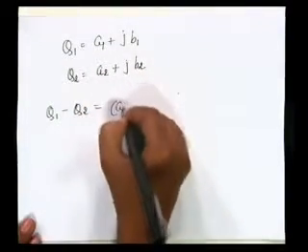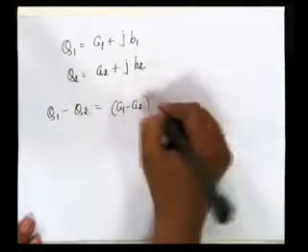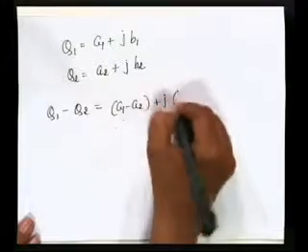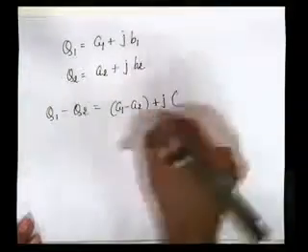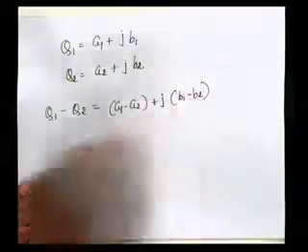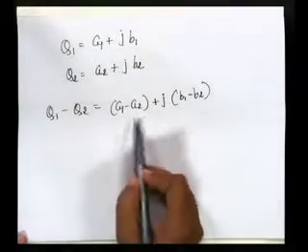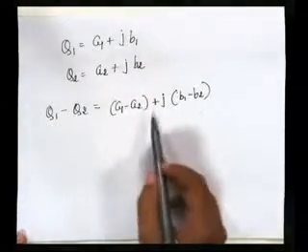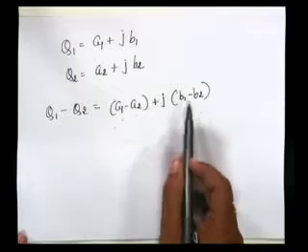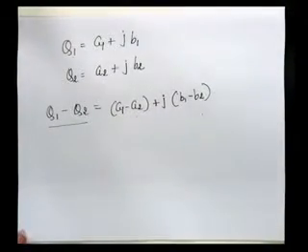So here it is A1 minus A2 plus j subtraction of imaginary part. So here it is B1 minus B2. So Q1 minus Q2 is equal to A1 minus A2, subtraction of real part, plus j times B1 minus B2. So this will give you the resultant value in a rectangular form.